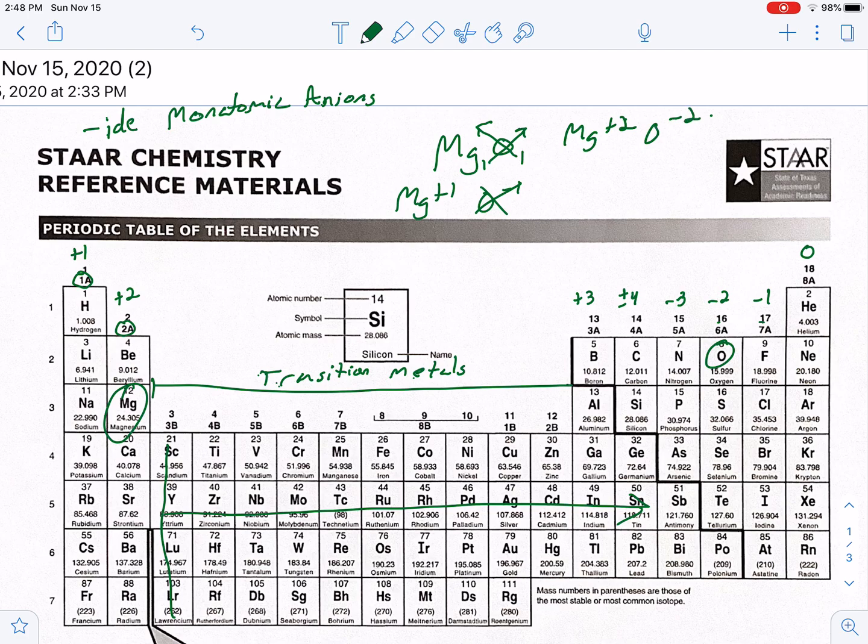Now, if you did your crisscross method going down, you would bring this 2 here, bring this 2 here, and you would get Mg2O2. Well, that can be reduced. So the correct form would be MgO. So that's where the reverse crisscross can get tricky, is whenever something is reduced.